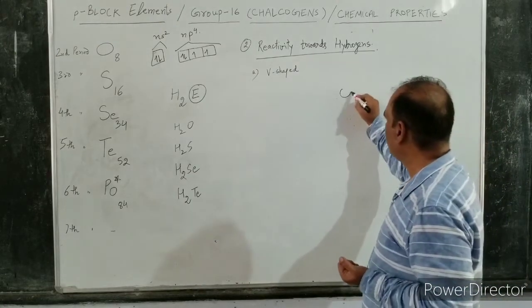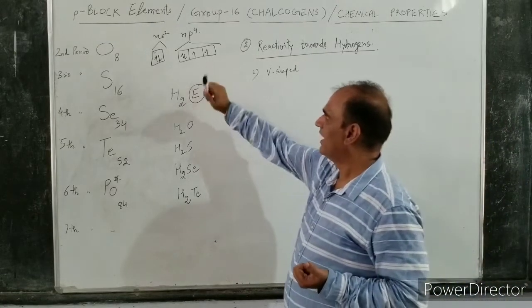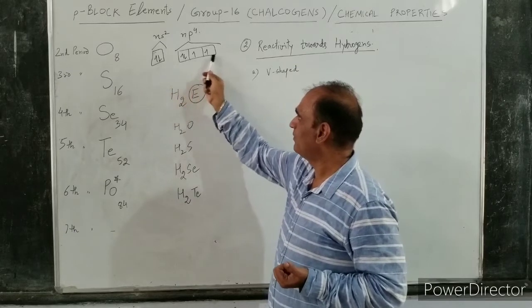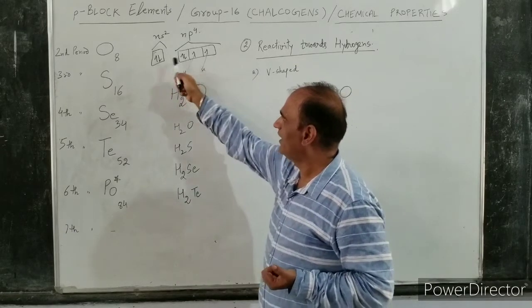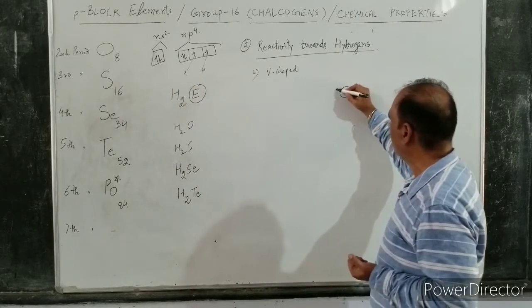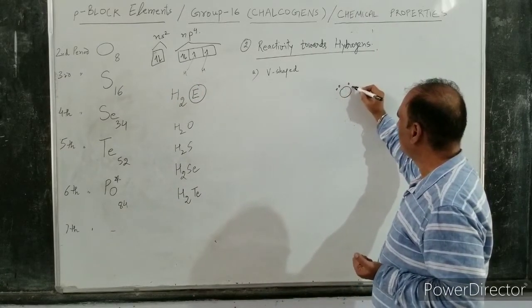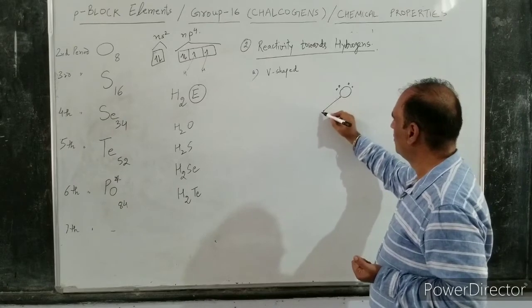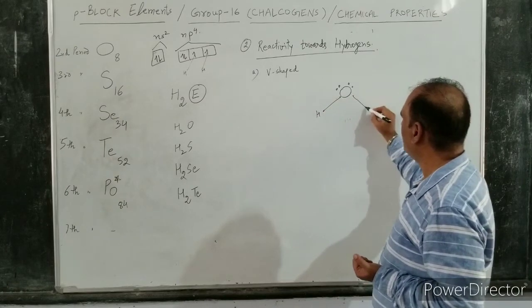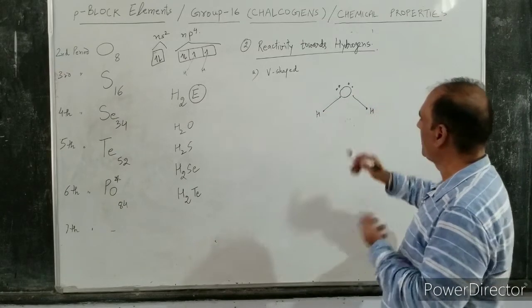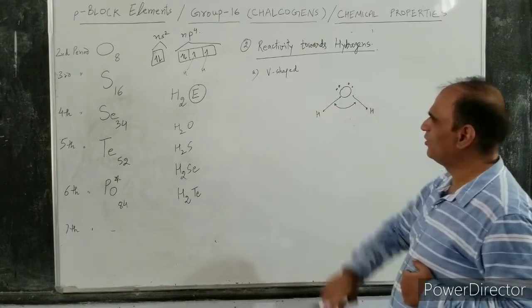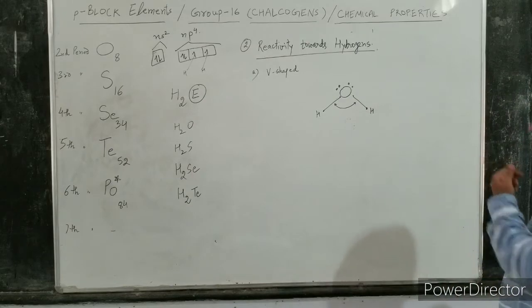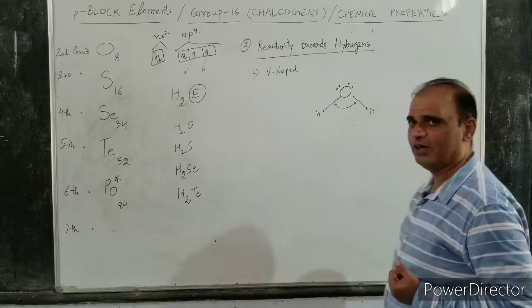The central atom has 2 unpaired electrons. These unpaired are combining with hydrogen, and still there are 2 lone pairs of electrons on the central atom. So due to these 2 lone pairs, these bond pairs are pushed away. So this angle is less than 180. So hydrides are not linear. Hydrides are V-shaped or bent.